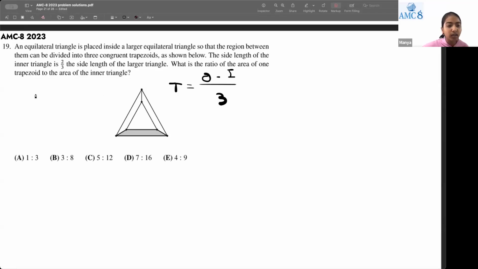But then to find the area of one equilateral triangle, whether it's this big or just this tiny, they have the same formula. The area of an equilateral triangle is equal to, this is just the formula, the square root of 3 by 4 times the side length squared.